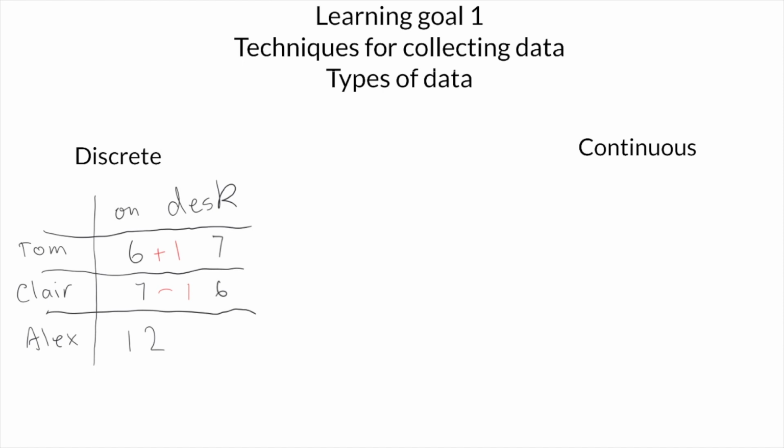So you notice there that Tom doesn't have 6.5 items on his desk. Tom's got 7. And that's the big takeaway with discrete data. It has those defined intervals. It's got the stop and the start. Now you can have decimals with your discrete data. It just depends on the situation that you find yourself in.